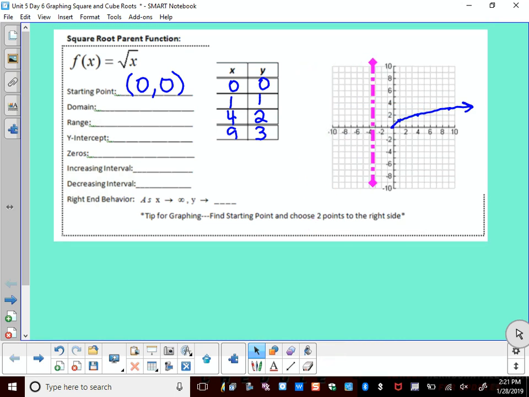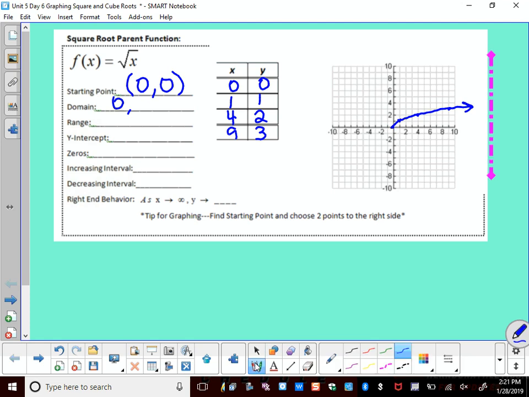If I'm going from left to right, look at my x-axis, my graph starts at 0, and it goes on to where? Positive infinity. So my 0 is going to get a bracket because that number is included, and my infinity is going to get a parenthesis.